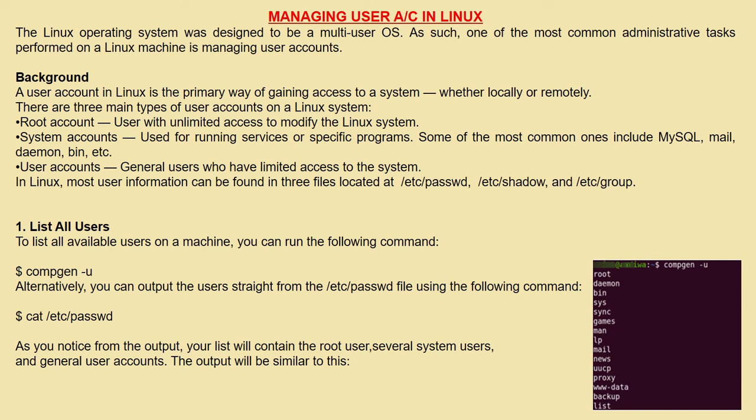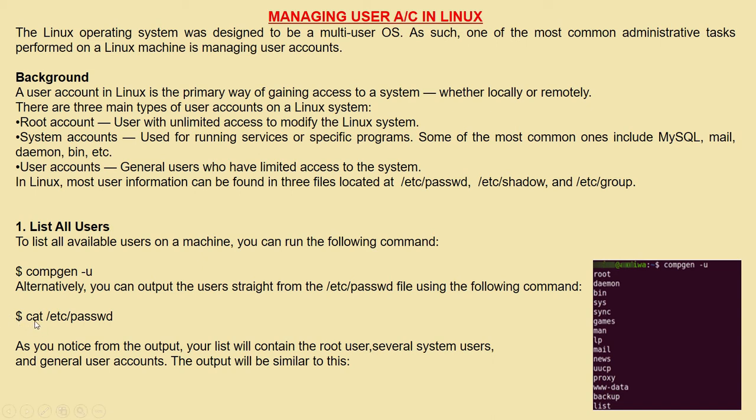So at the dollar prompt we write compgen -u. Here it shows you the list of usernames, like root, daemon, bin, sys, sync, games. These are different users.